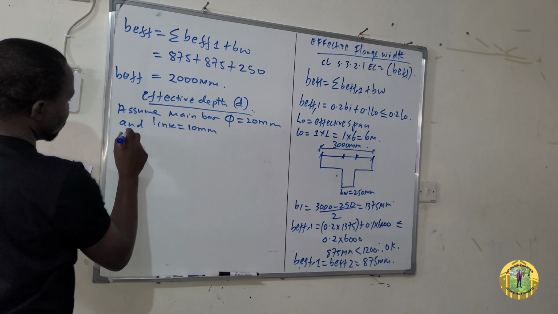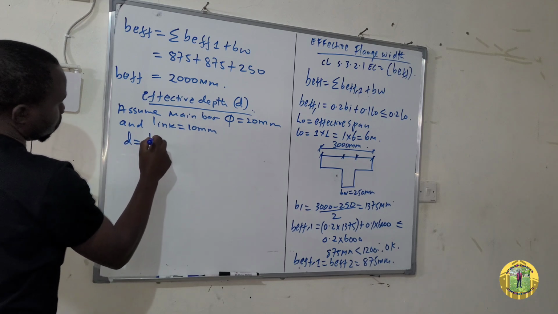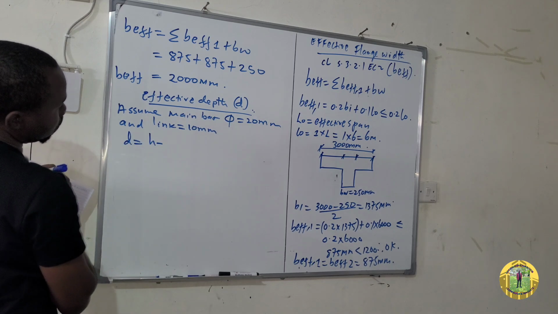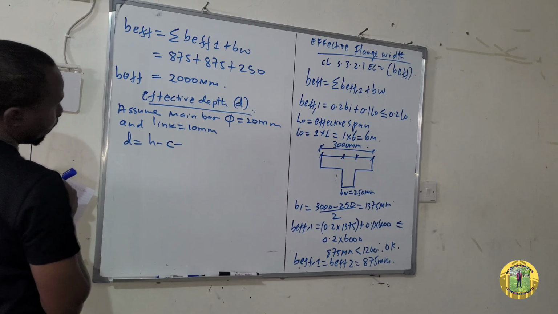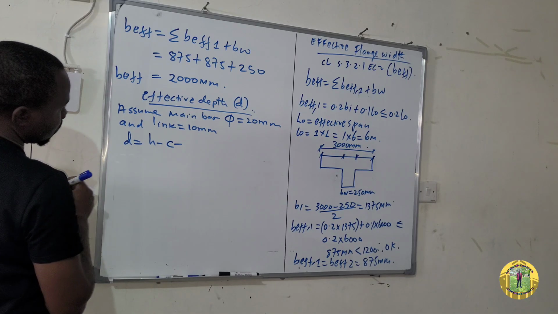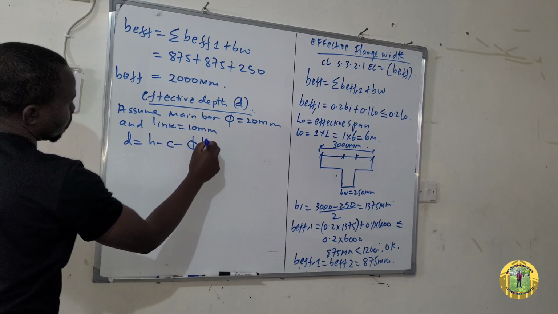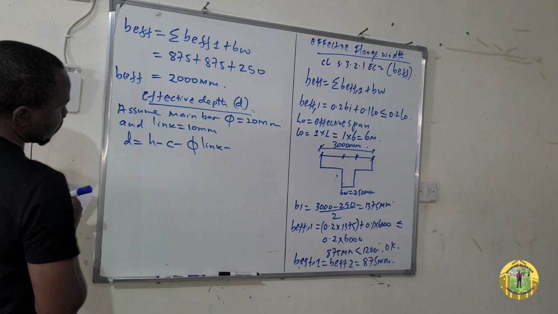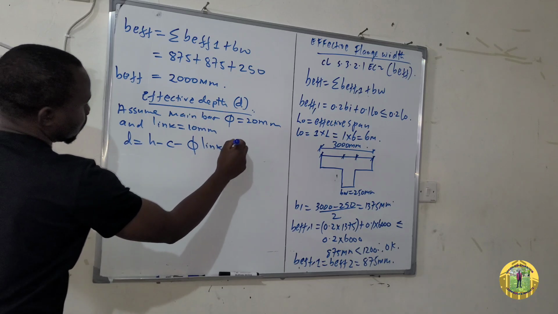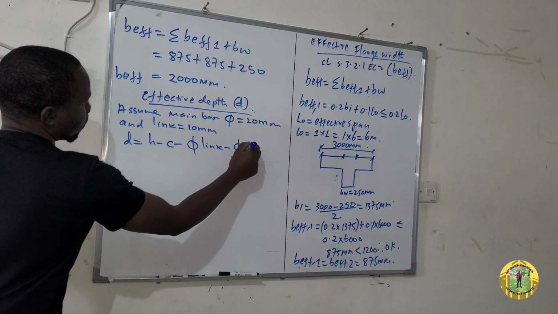Therefore, D is given by this formula: H minus cover minus link diameter minus a half diameter of main bar.